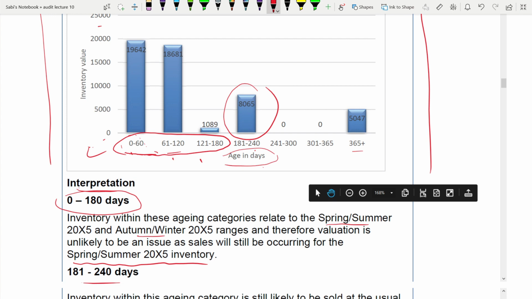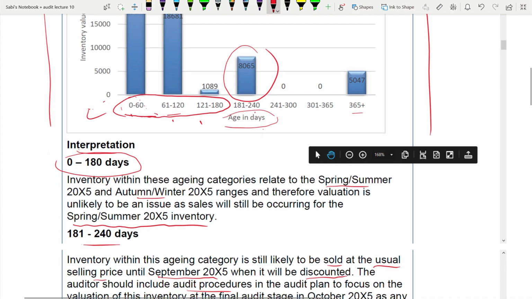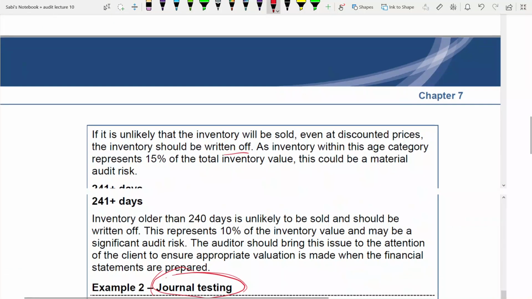It's going to be too late, right? Because then winter collection is coming up. So even if you give discount, who is going to buy it? They don't want those clothes, right? That's why you have to write off this inventory, because this is a fashion industry. Fashion goes outdated very quickly. So even if you give heavy discount, you cannot sell those inventory in the winter collection.